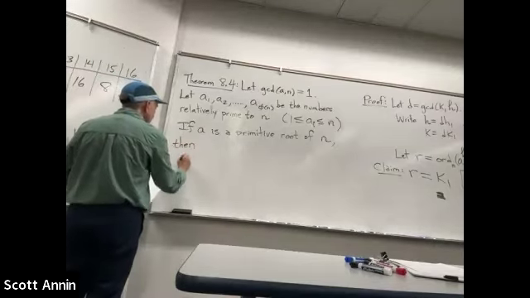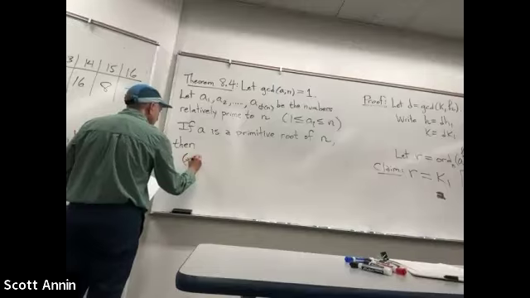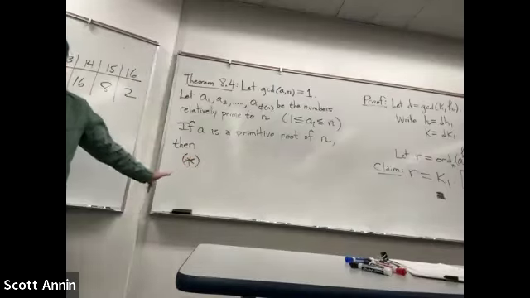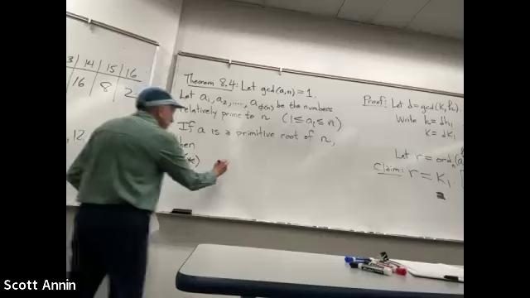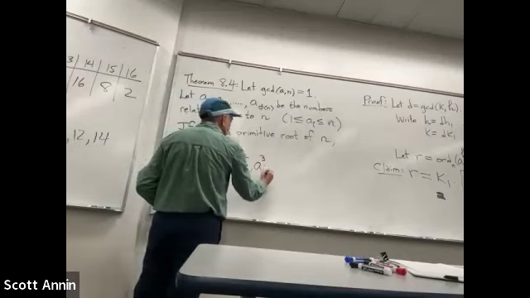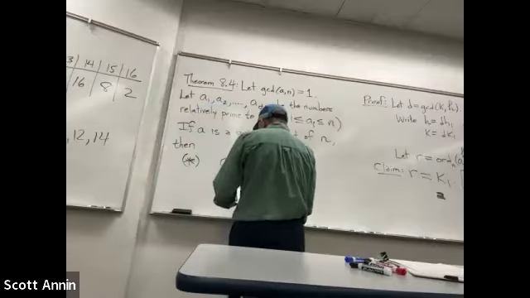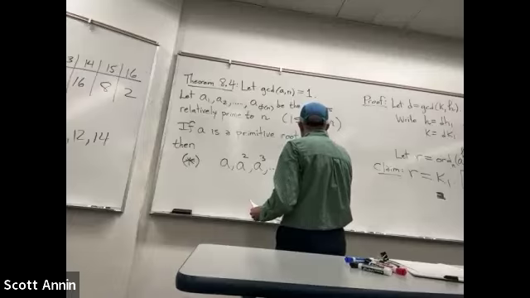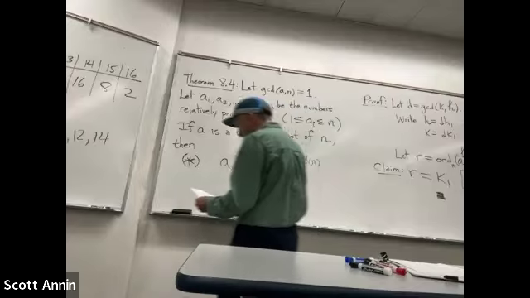Then I'm going to put an asterisk here, guys, because this is the key thing that I'm going to write down. If I look at A and then A squared and then A cubed, and I go dot, dot, dot, all the way up to A to the power of phi of n.